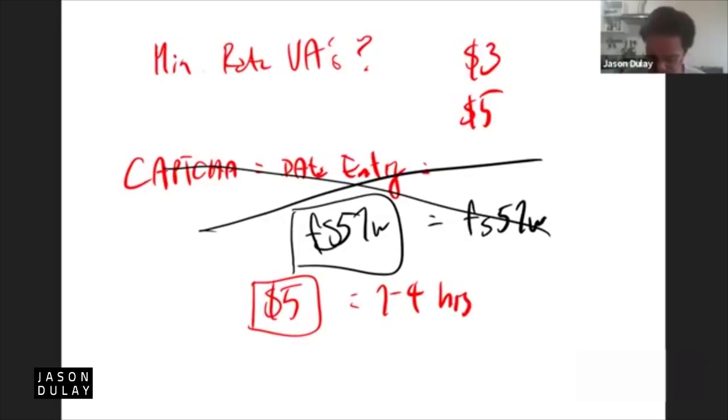It depends how difficult it is, but data entry work is most of the time project based. So it's for like 10 pages, and then there's a specific rate for that. Maybe it's going to be $20 or $30 for the 10 page project. But I would say the minimum rate that you should charge would still be the same as a VA minimum rate, $3 per hour or maybe $5 an hour.